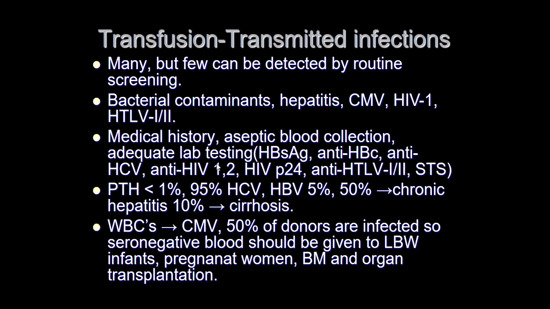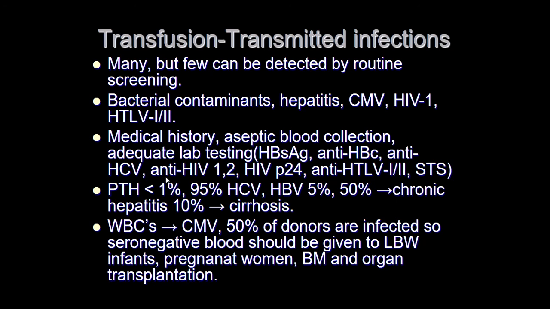Adequate laboratory testing, like for example the hepatitis B surface antigen and the anti-hepatitis B core antibodies. The anti-core, by the way, for hepatitis B is the first antibody to show, so we have to use that in blood banking as well.